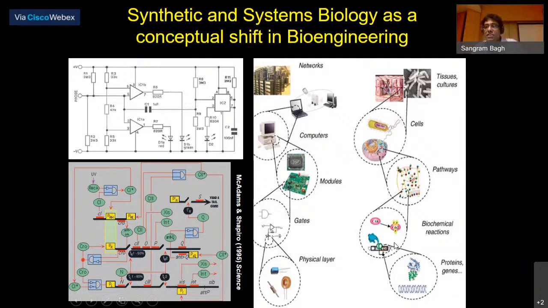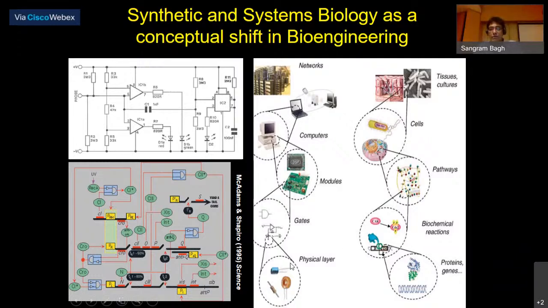So why not use these biochemical reactions, the gates, to make the pathway, which will work as an integrated device or module, and then connect them? This way, probably we can develop some new functions from a very design-based perspective. And that is the fundamental motto of synthetic biology at this moment.